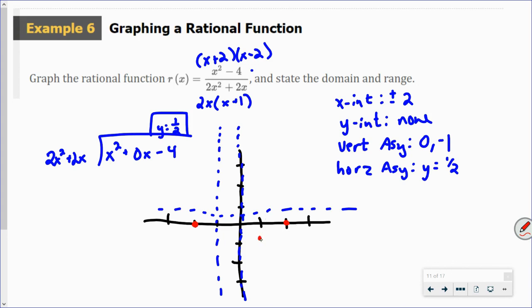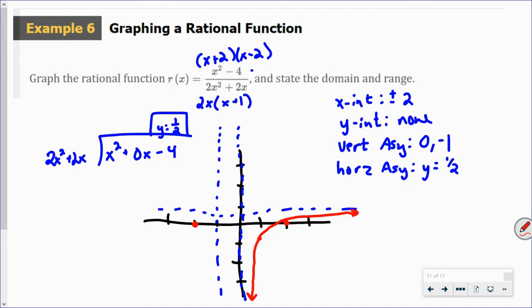So you can see I'm going to approach this horizontal asymptote right there, and I'm going to approach this vertical asymptote to negative infinity. And then here, again, we could pick -3, or we could pick 2.5. We could pick some number in here. Let's say I pick 2.5.